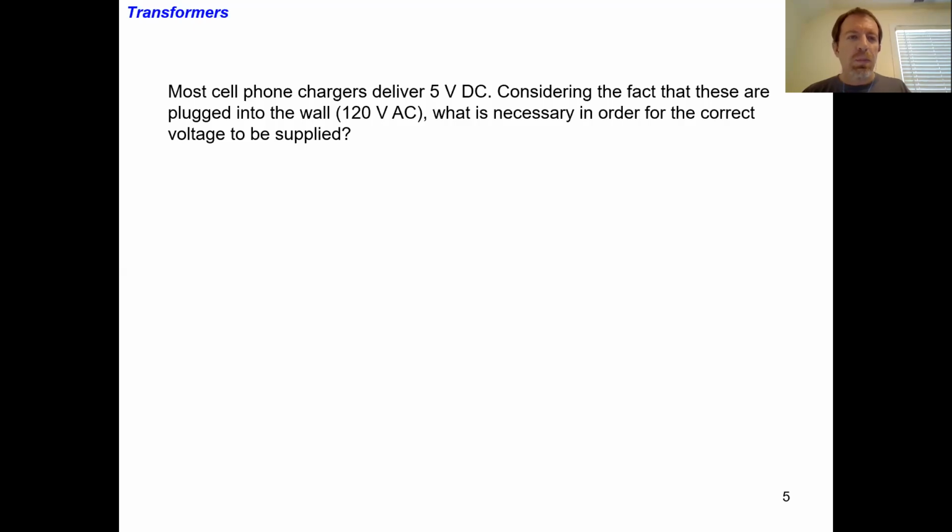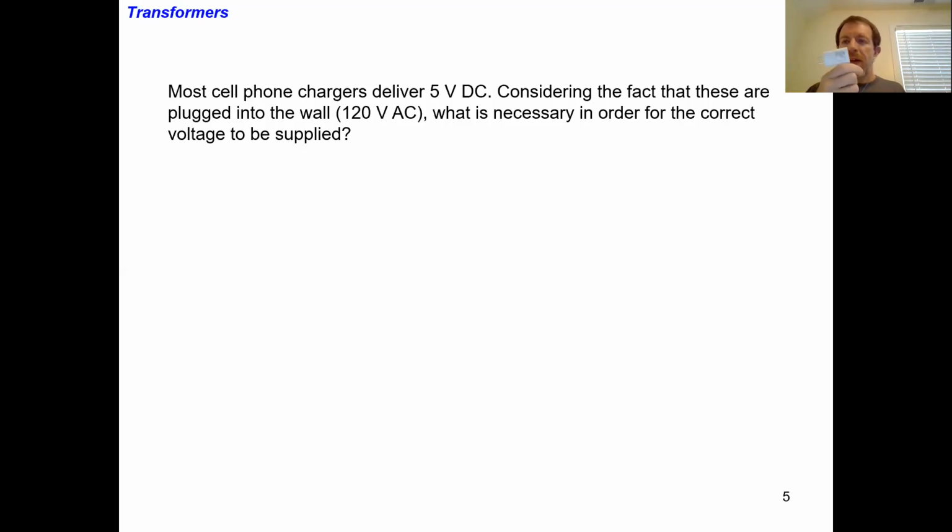Considering that these are plugged into the wall, which is 120 volts AC, what's necessary in order for the correct voltage to be supplied? Well, the first thing we have to do is have a step-down transformer that transforms that 120 volts AC to 5 volts AC. And then we have to have something called a rectifier that changes AC to DC.